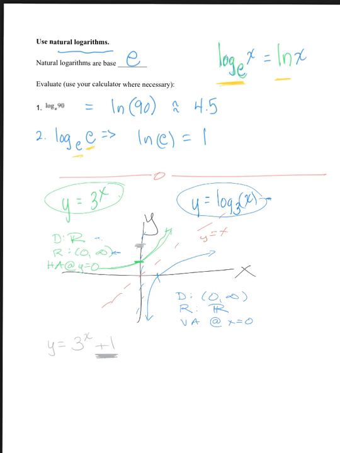So now I have this new function looking like this. What has happened to the horizontal asymptote? If the parent function had a horizontal asymptote at y equals 0, it has been shifted up, so now I have a horizontal asymptote at y equals 1. The domain of this shifted exponential function is still all real numbers. The range is now 1 to infinity, because everything's been shifted up.